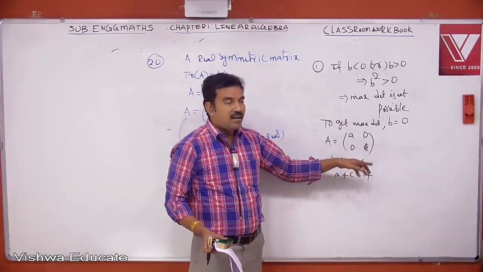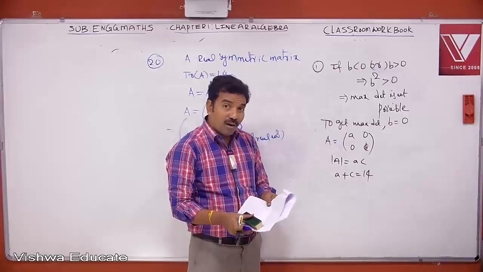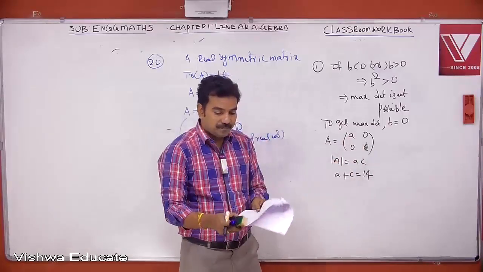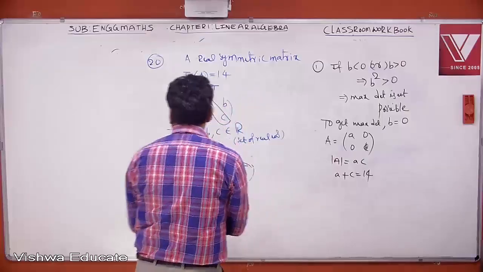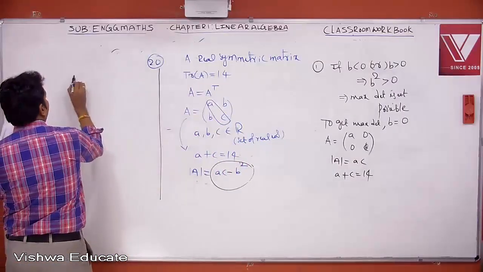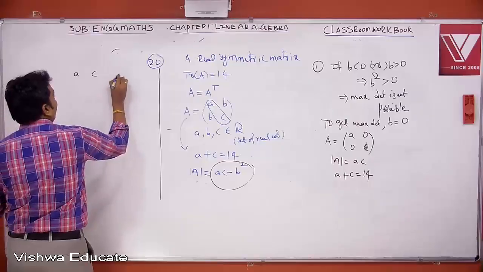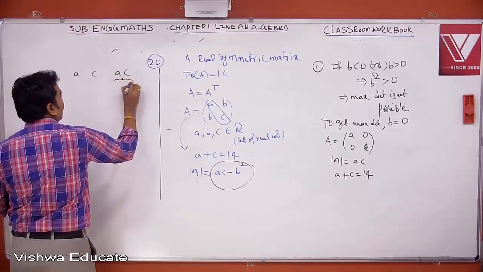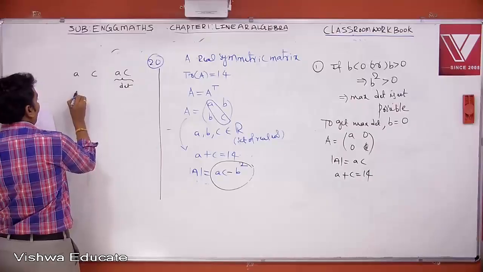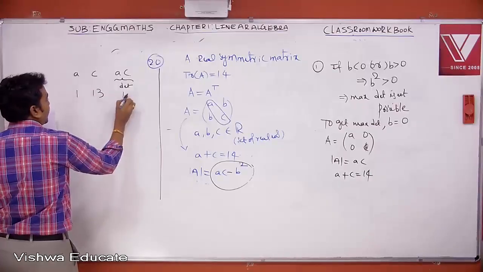That is very clear. Now list out in tabular form the possible cases. This is A, this is C, and this is AC. Basically, this is det value. So suppose if A is 1, C is 13, det is 13.